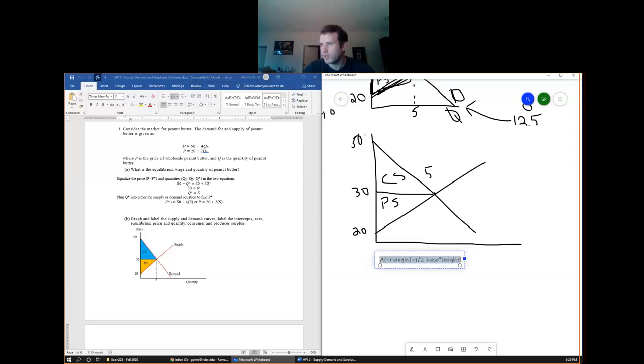Okay. And then, so what's the base in this equation for consumer surplus? Okay, so consumer surplus, which would be the area between demand curve and equilibrium, let's just call it P star, since that's how we define the equilibrium price. All right, so what's the area for that? So it starts with the 1/2, and then the base is the area along the x-axis.